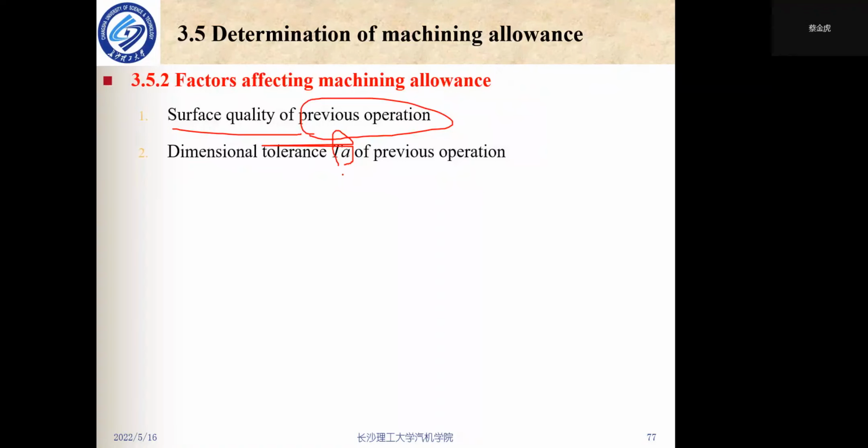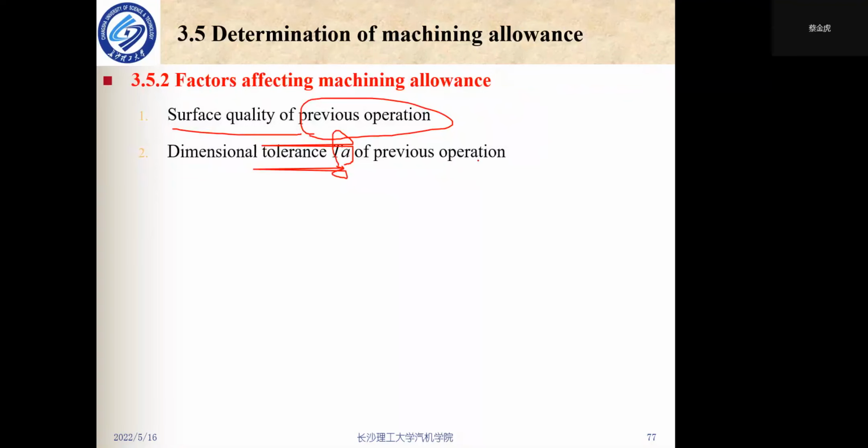Again, the second factor affecting the machining allowance is the dimensional tolerance of previous operation, represented by TA. So why will the dimensional tolerance of previous operation affect the current machining allowance?